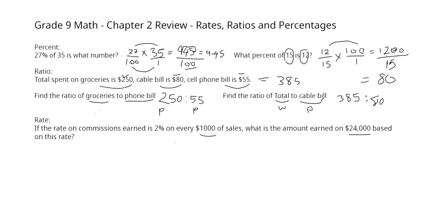So 2%, another way to say that is the same as 2 over 100. This is just extra information. 2 over 100 is equal to 0.02, and the reason you know that is because if you divide 2 by 100, you're moving the decimal place 2 times, and you get 0.02.